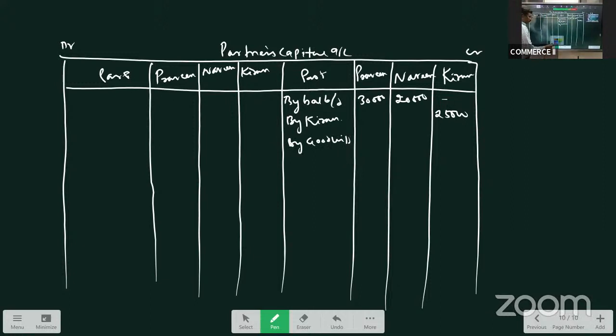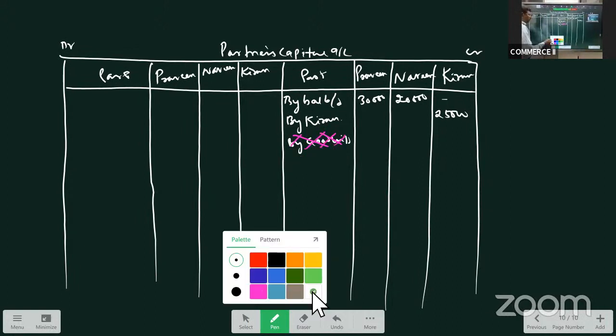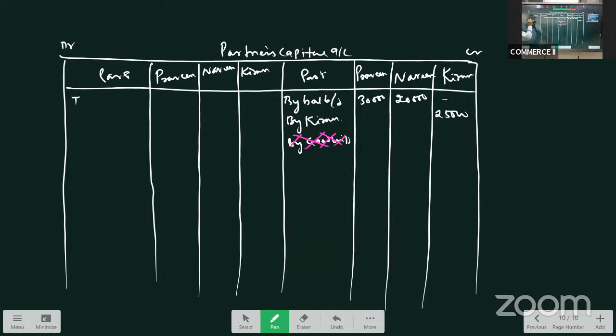But here, goodwill will not appear on the credit side because they were already credited with an excess amount and there is a fall in the value of goodwill. So goodwill will appear here on the debit side, 6,000 and 2,000. I explained this on the last slide, right? Since there is a fall in the value of goodwill, the net decrease will be debited to the old partners.